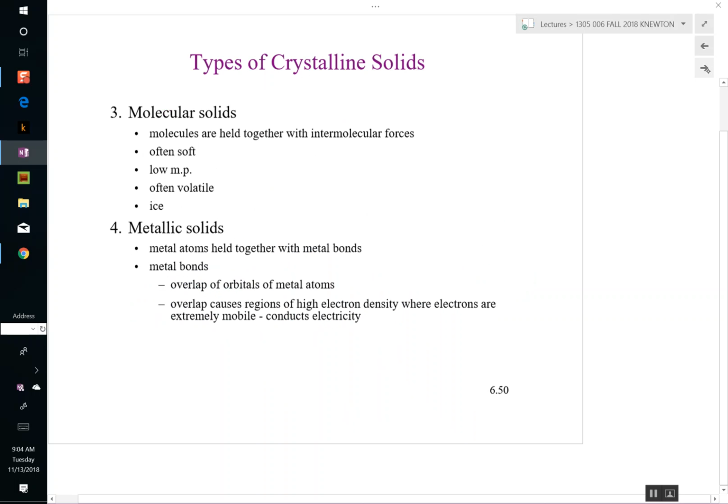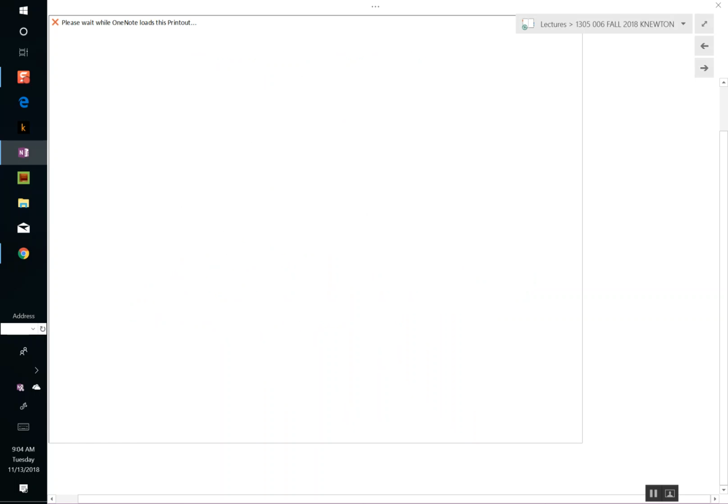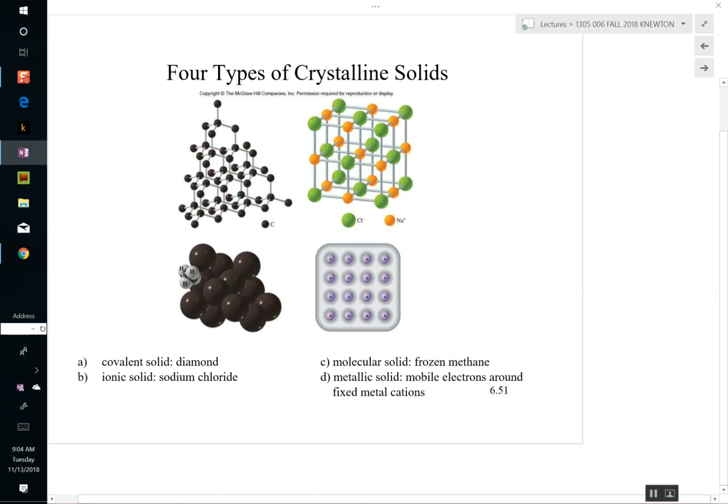Okay, the solid state, probably the most I need to say about is right here. Here are 4 examples of solids, different kinds of solids. Here is a covalent solid, and the example is diamonds. A diamond is carbon. You say, isn't coal carbon?